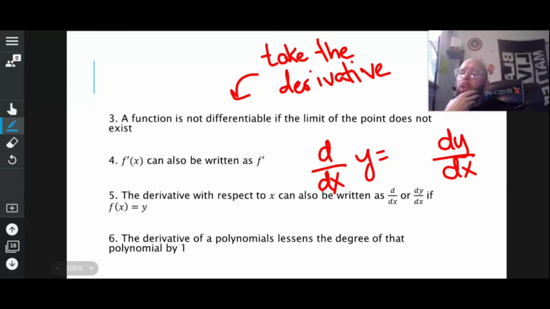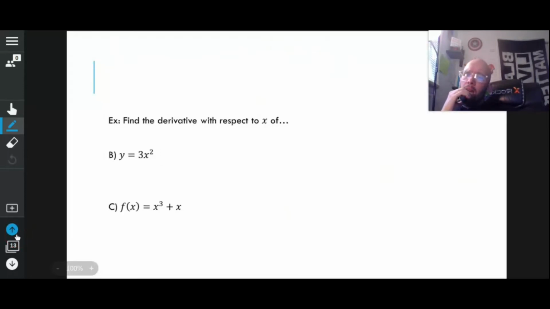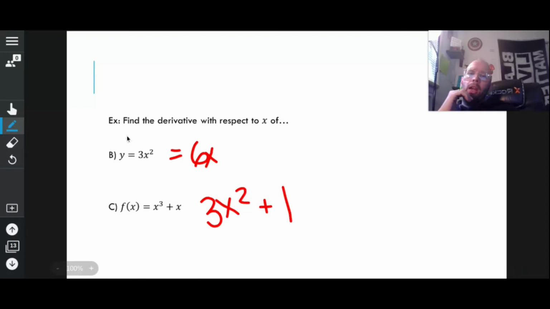Speaking of making sense, you may have noticed from problems like this that this answer ended up being 6x. This answer ended up being 3x squared plus 1. A quadratic with a degree of 2 turned linear with a degree of 1. A cubic with a degree of 3 turned into a quadratic with a degree of 2.